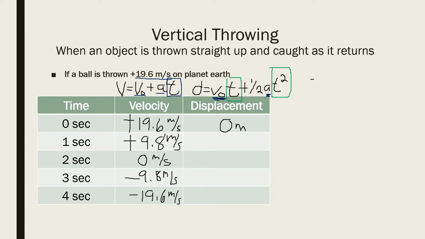So generically, how's it going to look? D equals, well, in this case, the V naught is 19.6, 19.6 T plus 1/2 negative 9.8 t squared. Okay.